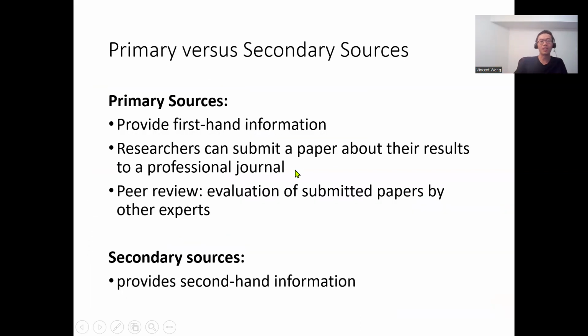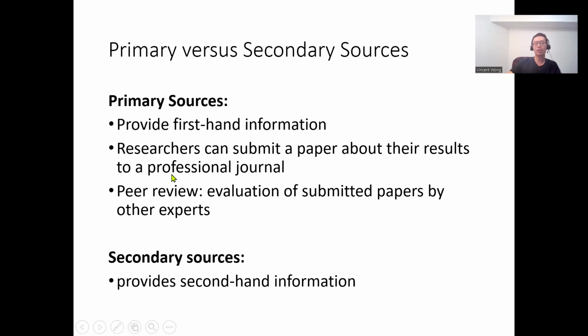Now, how do you know if something is good science or bad science, right? How do you know it's a good source or not? Well, typically speaking, primary sources are more reliable, okay? They have firsthand information provided by the person who's doing the study. So the researchers conducting the experiment submit a paper about the results to usually some kind of professional journal.